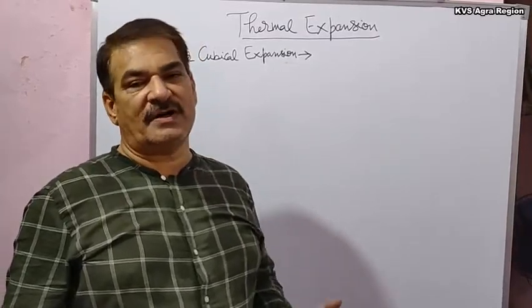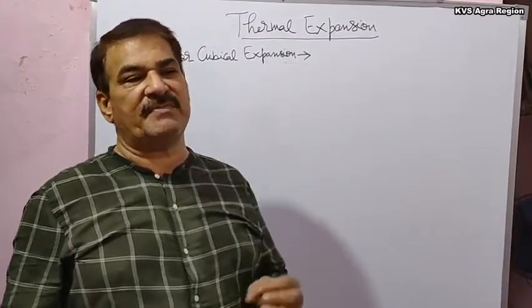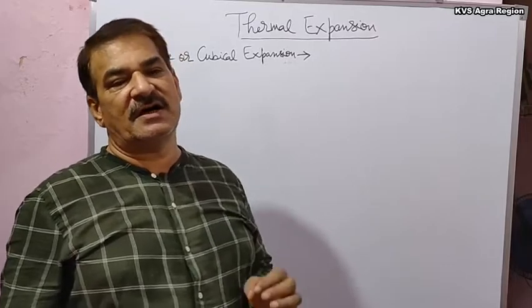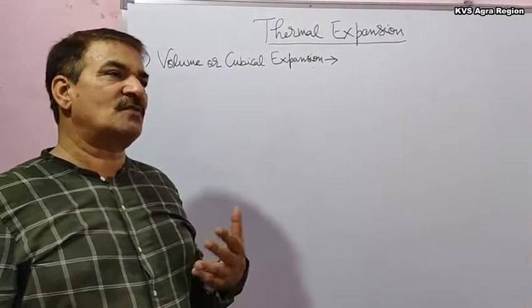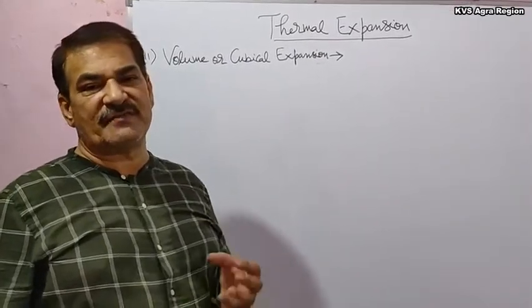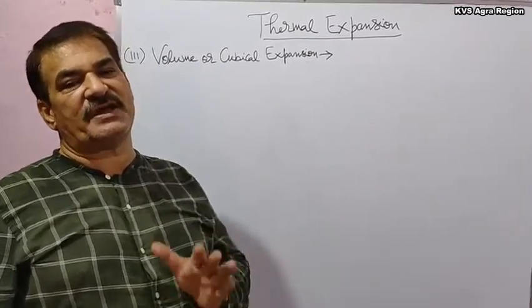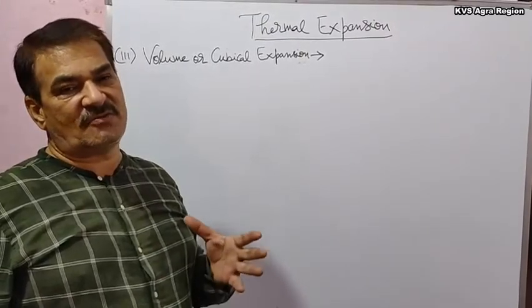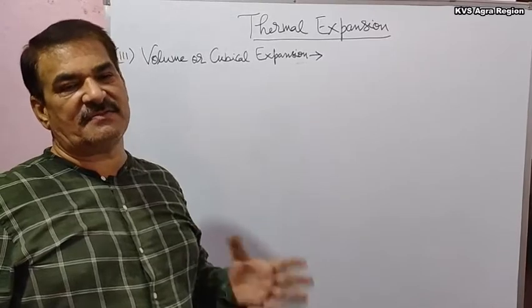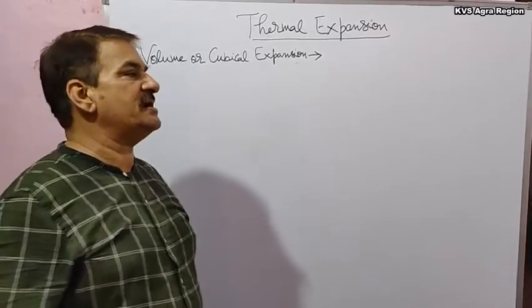The third type of expansion that can be in solids is volume or cubical expansion. This will be in those objects which have all three dimensions, meaning length, breadth as well as height.